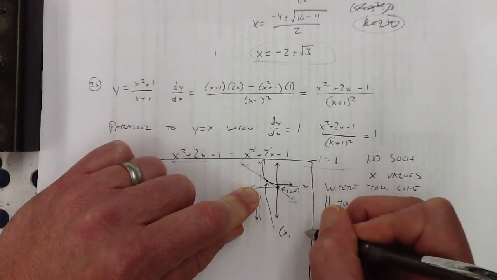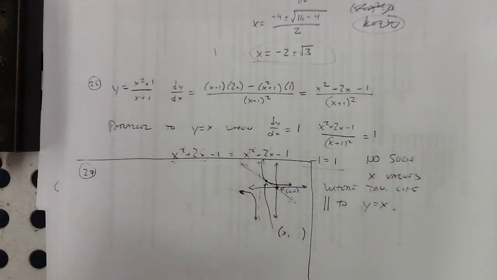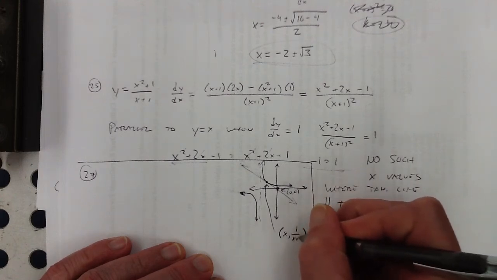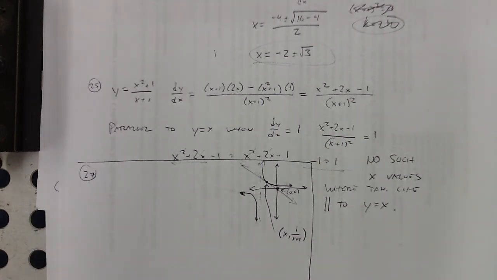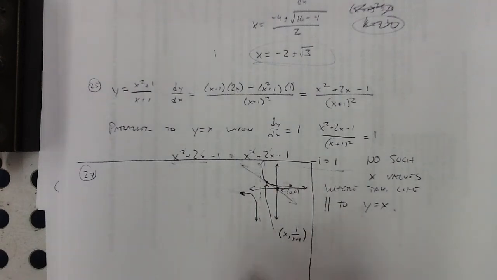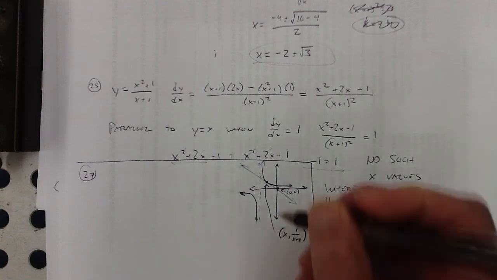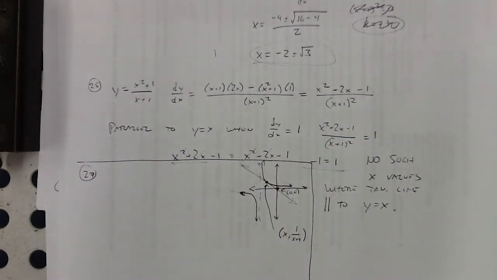But instead of writing x comma y, I know what y is equal to. y is equal to 1 over x plus 4. I don't know where this point is yet, I'm trying to figure out where it is, so that is a general description in terms of x of any generic point on this function, including the one that might be here.